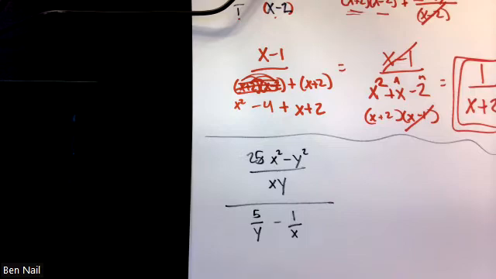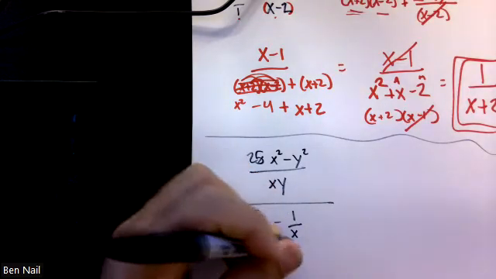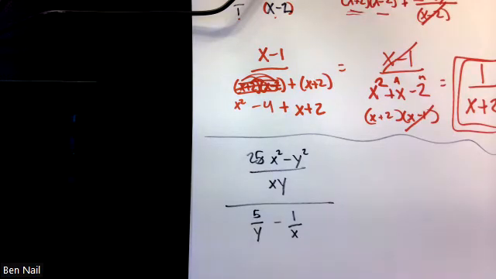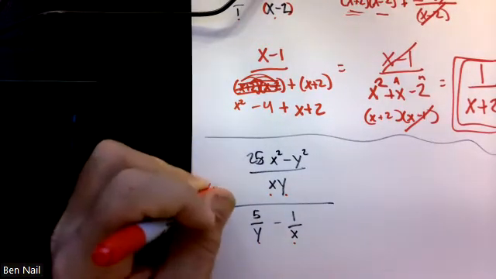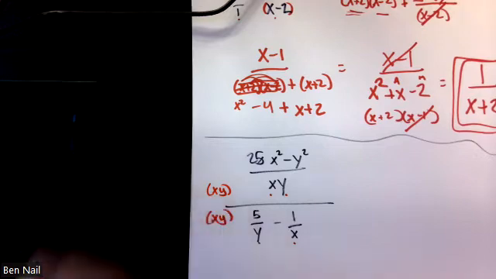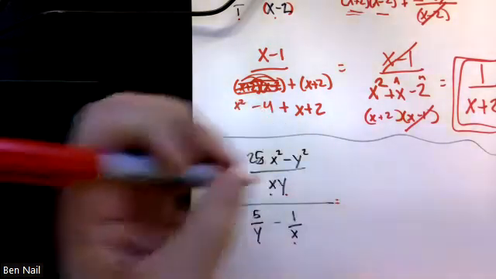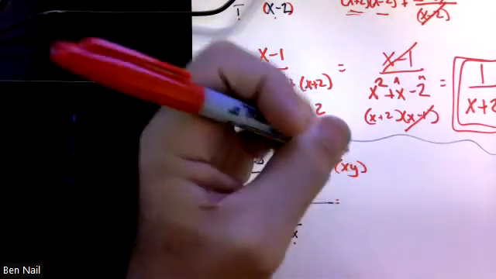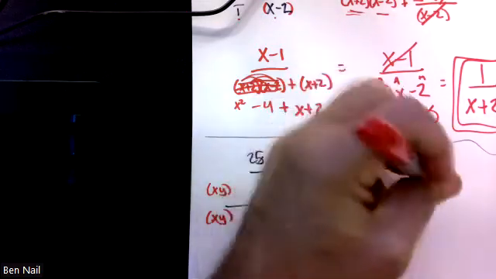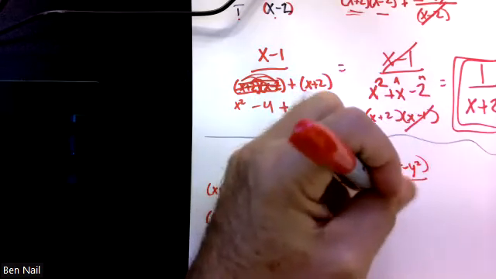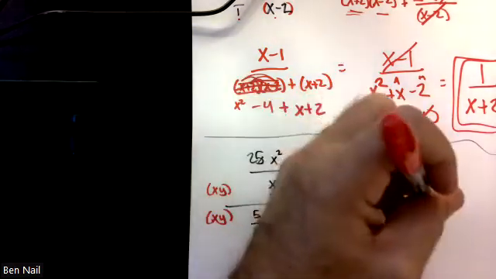Okay. Again, we want to get rid of our common denominators. If we start looking at our denominators, we've got an x and a y and a y and an x. So an xy will cancel and get rid of our denominators. If we multiply here, we get xy times that 25x squared minus y squared over xy, so those will go away.